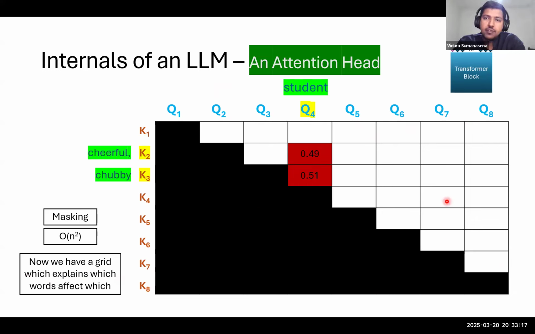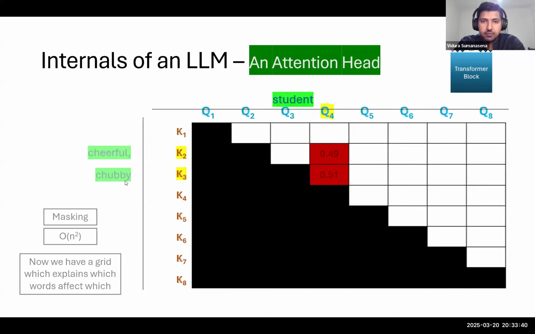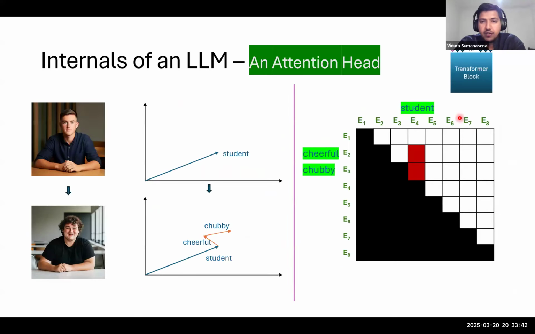So now we have a grid of values that has identified the meaning, or the adjectives, of each of the words. We no longer need the query embeddings or the key vectors. We will remove them. All right, so now the initial embedding location of student is somewhere here.